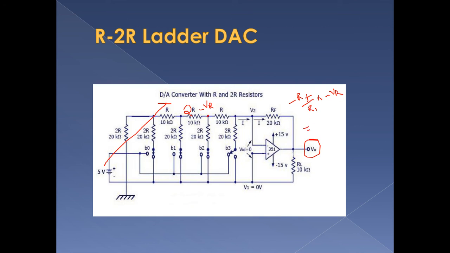Minus into minus, we will get plus. RF is 2R, R1 is R, so 2R by R. We have found the voltage is VR by 4.